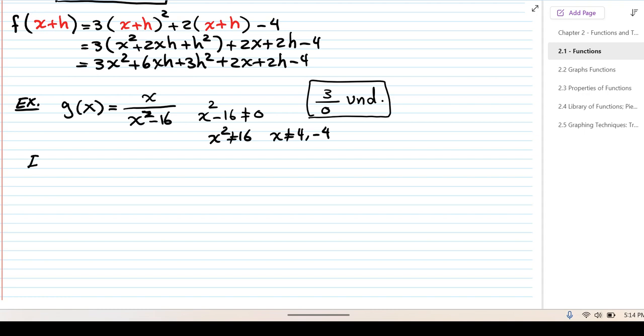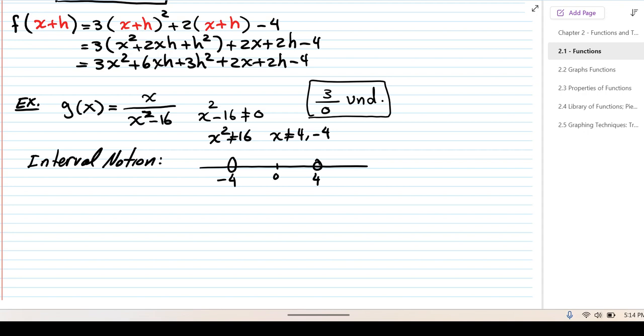Now we can write this in interval notation. Interval notation uses parentheses and brackets, and here's how it works. If you look at the number line, for example, this is 0, my reference point. So we have negative 4 here, and then we have 4 here. Those are the two numbers that x cannot assume.